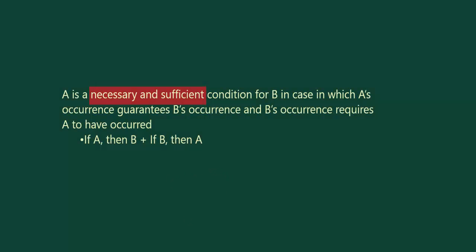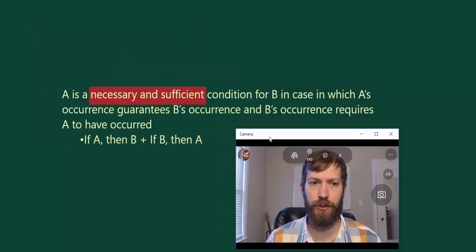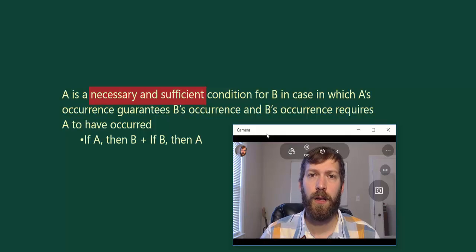And then there are necessary and sufficient conditions. We say A is a necessary and sufficient condition for B in cases in which A's occurrence guarantees B's occurrence and B's occurrence requires A to have occurred. So basically we have the conditional running in both directions.